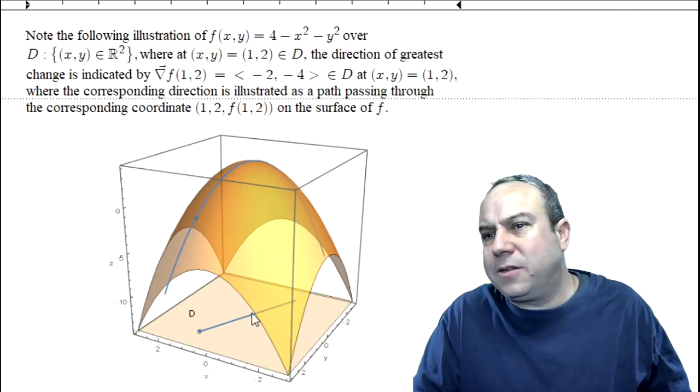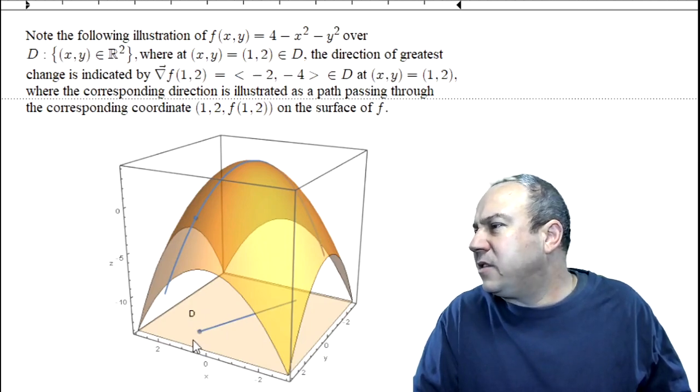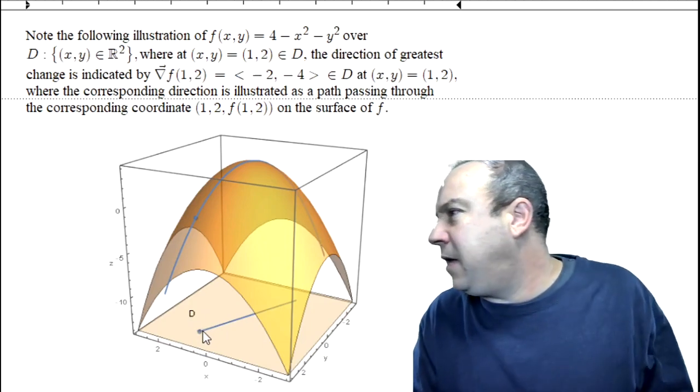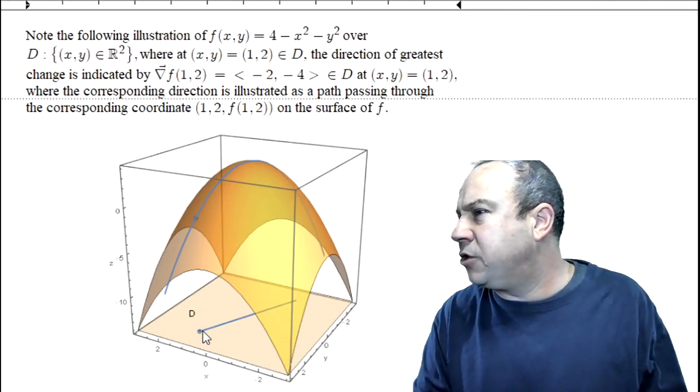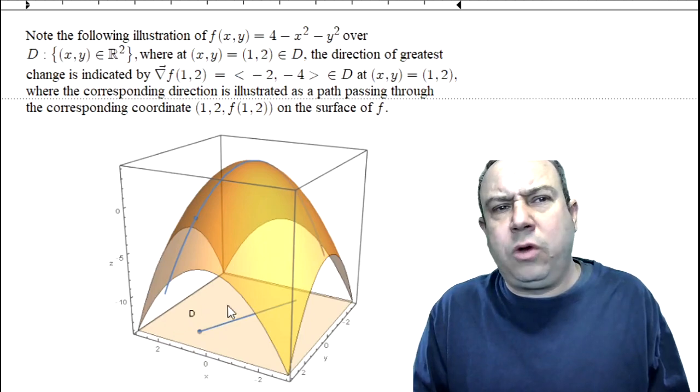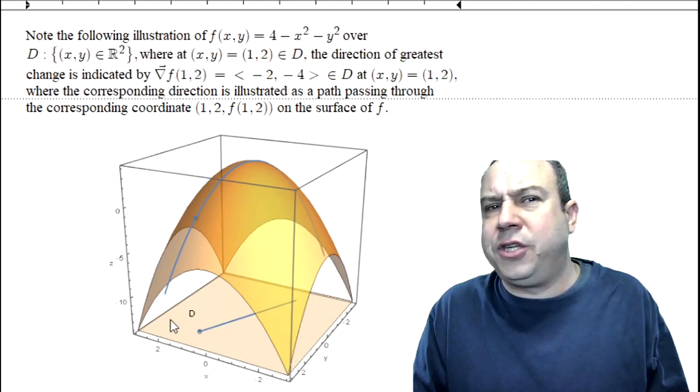Gradient is this vector description that happens in the domain of our function that tells us, if we were at this location in the domain and we wanted to see the greatest change in the output of our function, which direction would we move at that location in our domain?